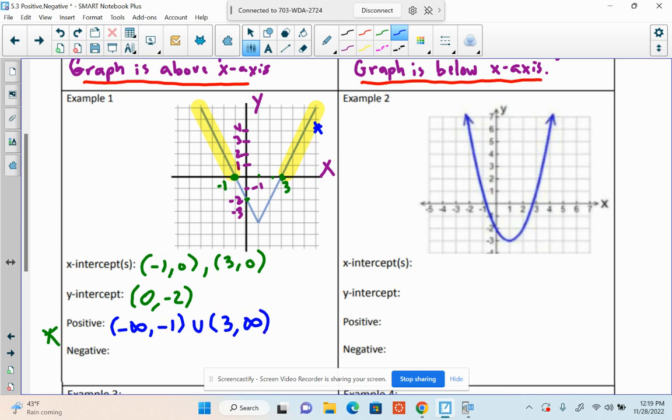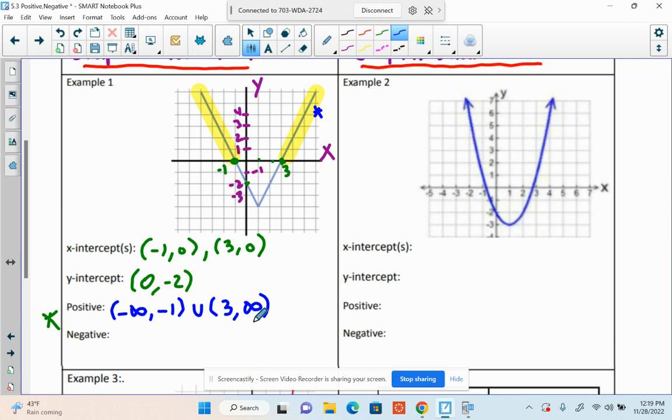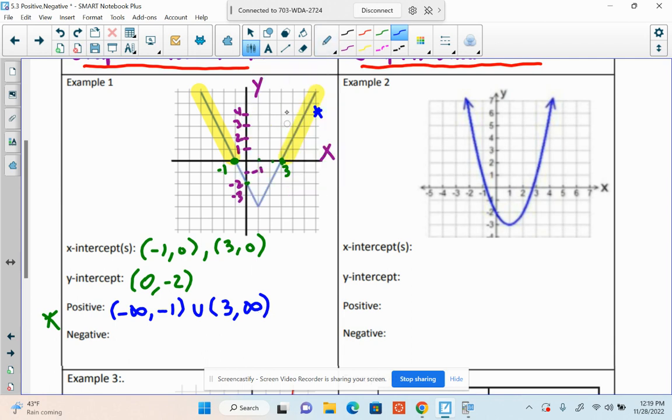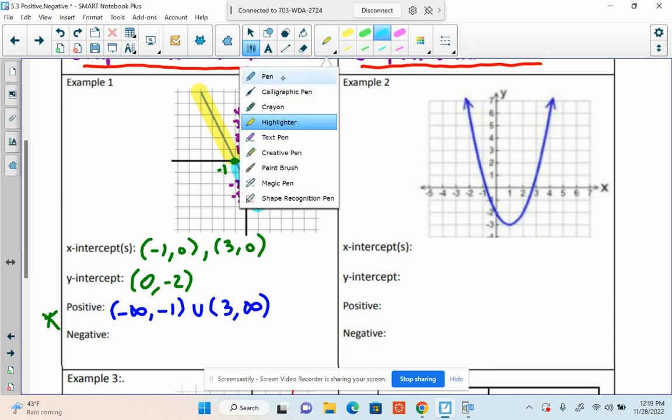And then for the negative, let me switch back to my highlighter. Where is the graph below the x-axis? Well, here on this part. And that's going to be from -1 to 3.